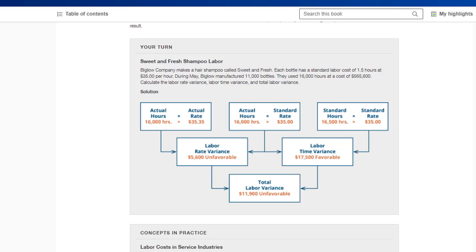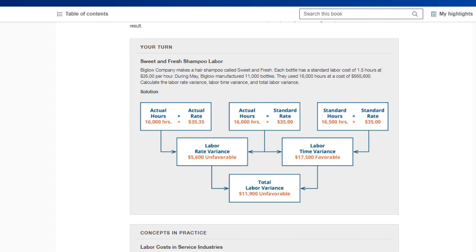The box on the right says, yeah, but on the other hand, you used 500 fewer hours than you thought you would, and that helped you, that saved you $17,500.